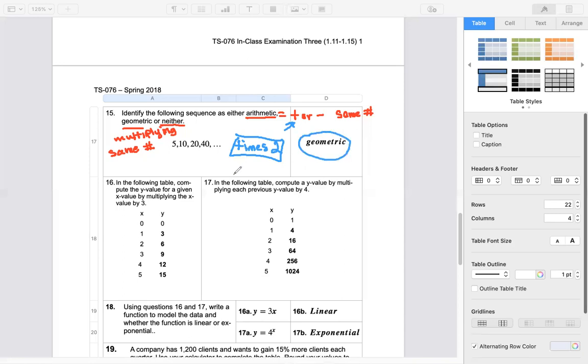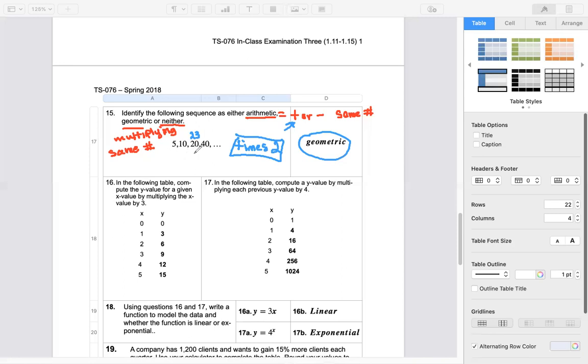Now, the third option, though, how do we know if it was neither? Well, if I added the same number each time and I see, no, that's not working, and I multiplied by 2 each time, and let's say that this number over here was 23, just for instance. I went 5 times 2 is 10, 10 times 2 is 20, but I have a number of 23. It doesn't fit the sequence.